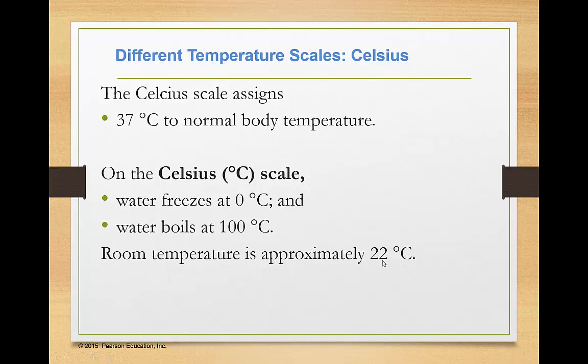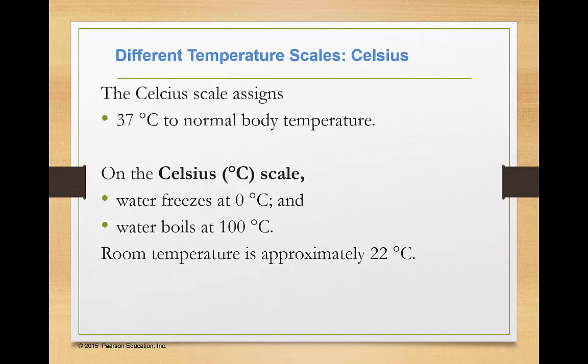Room temperature is approximately 22 degrees Celsius as opposed to 72. So you can see that the Celsius scale is in a shorter range of numbers. Again, they're going with the decimal scale from 0 to 100 rather than from 32 to 212. So there are 100 degrees difference between freezing and boiling on the Celsius scale as opposed to the 180 degrees on the Fahrenheit scale. And we'll look at the relationship between those in just a minute.